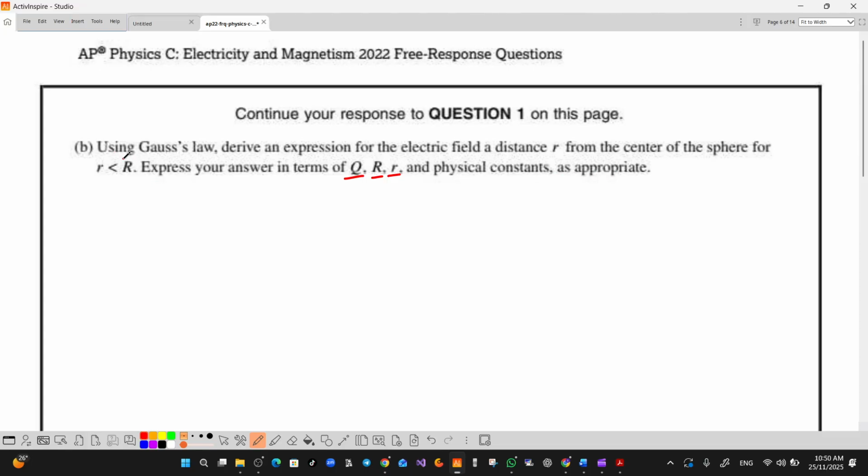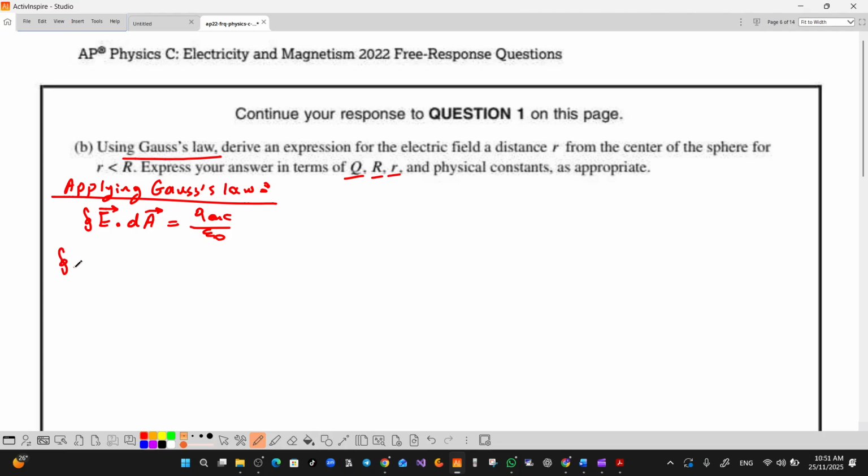Back again, we need to use Gauss's law. Applying Gauss's law allows us to determine the relationship between the flux and the Q enclosed. Now let's start by evaluating the left-hand side.